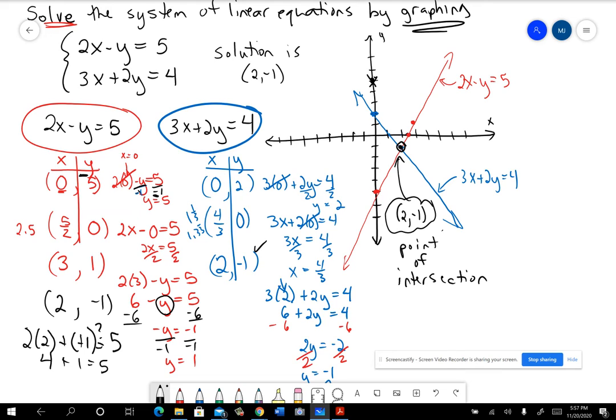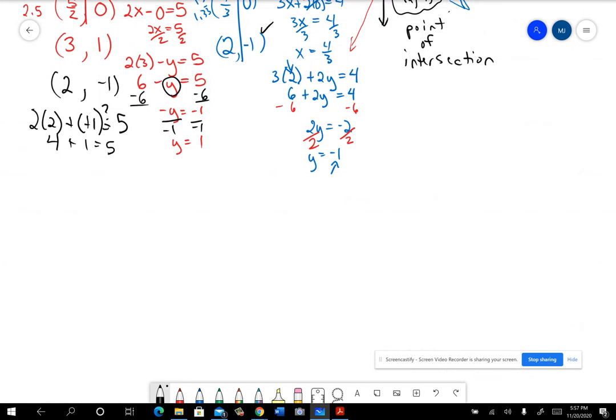All right, so let's look at how we could solve the system of linear equations rather than graphing by using an algebraic technique, okay? So the directions here are going to be to solve the system using, and I'm going to use 2 words.